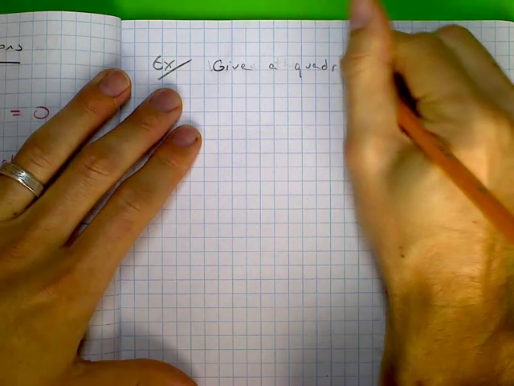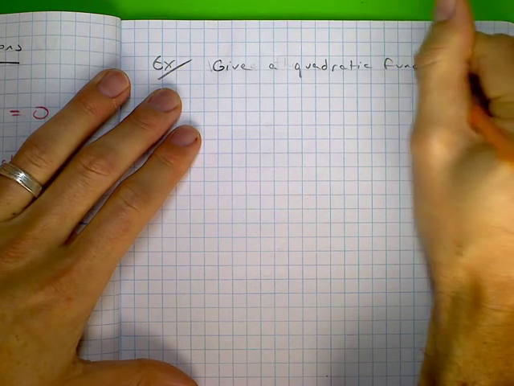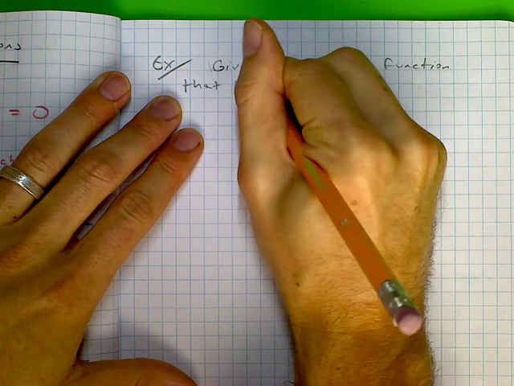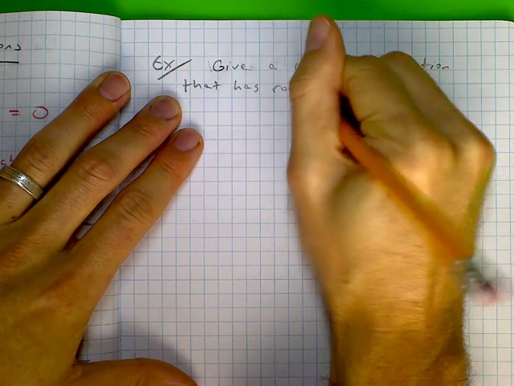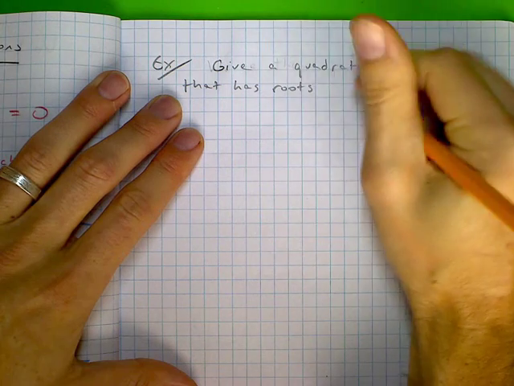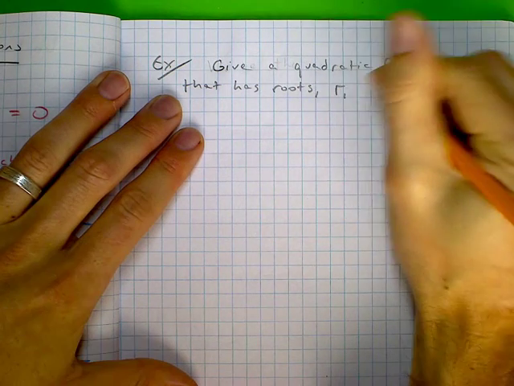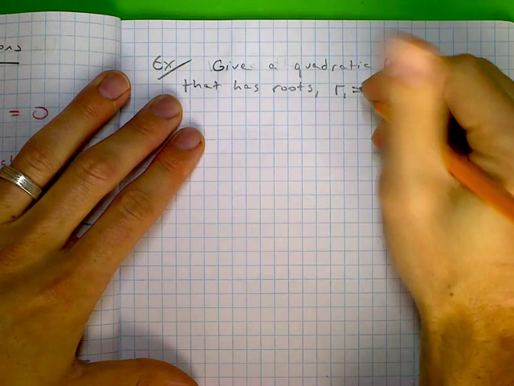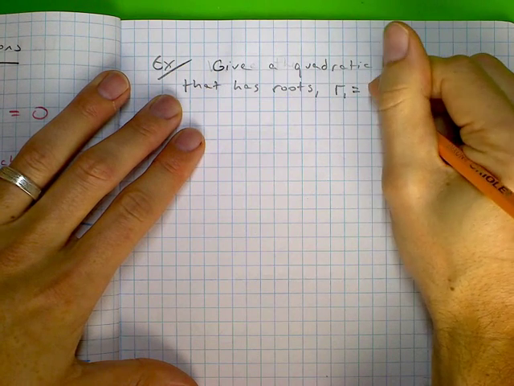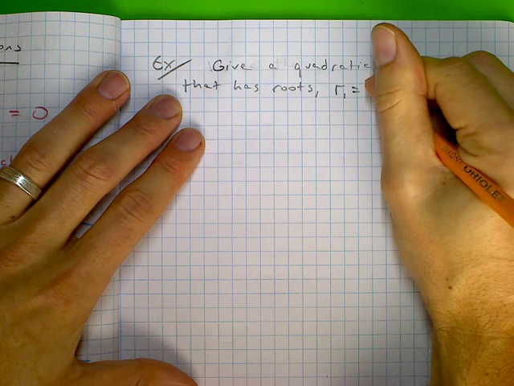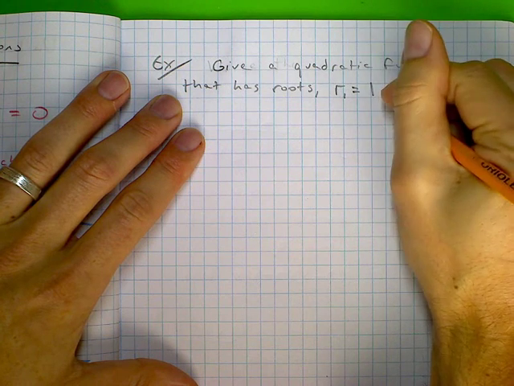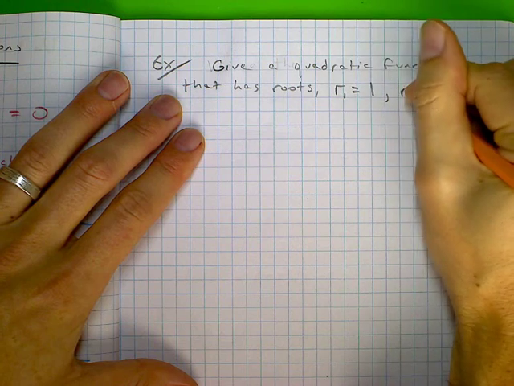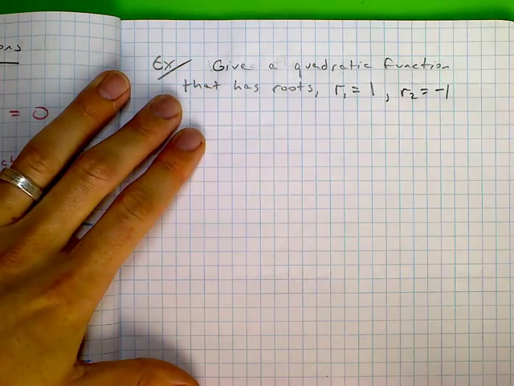So I want you to give a quadratic function that has roots as follows. One of the roots, R1, is, let's say, 1. The other root is -1.